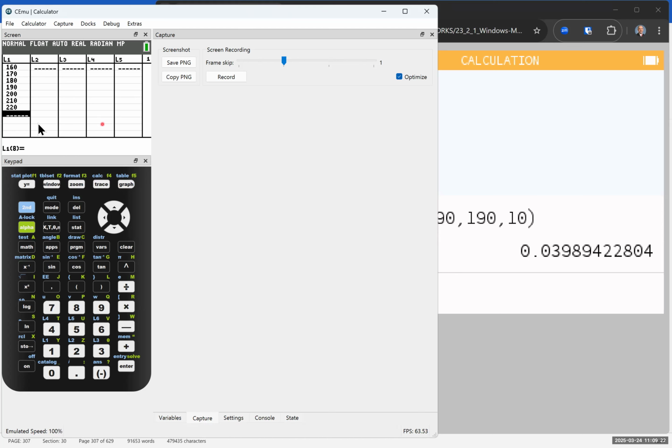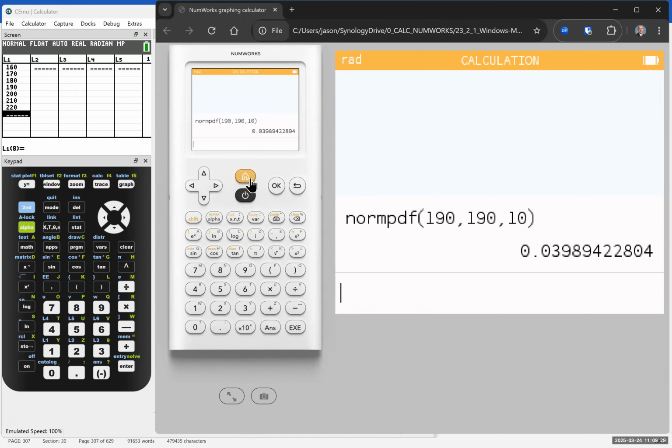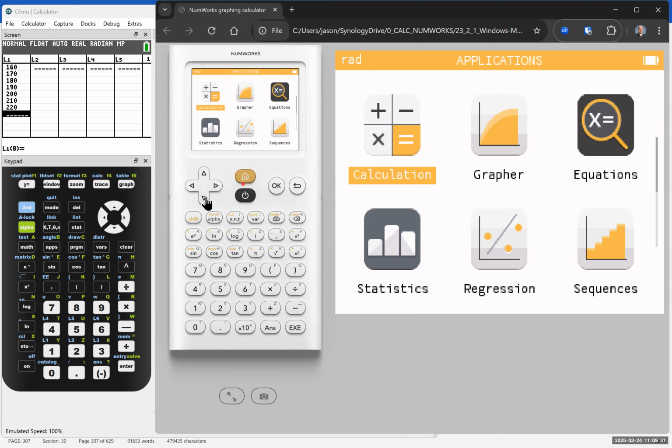All right, let me show the compatible version of that here on the NumWorks calculator. So let's go back to the applications, and I think this is going to work. Let's go to regression, because we're going to be graphing points. So it's going to be like graphing a scatter plot. So I'm going to click OK.